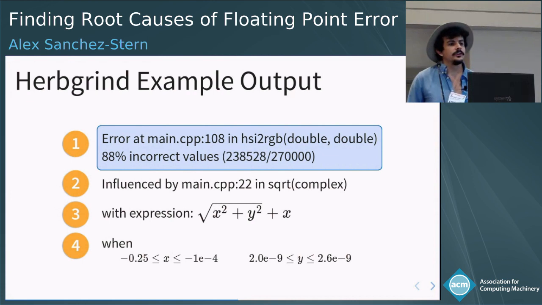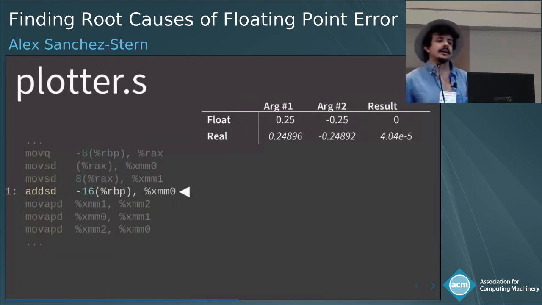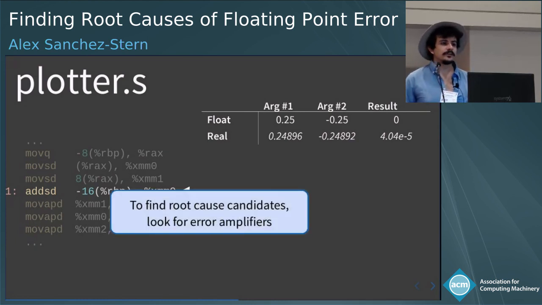So the first thing we're going to do is figure out which pieces of code that could potentially be the root cause are affecting the output that we care about. Now, how do we figure out what could potentially be a root cause of floating point error? It turns out we'll recognize these things called error amplifiers, which when we see them, we know there's a root cause somewhere nearby involving an error amplifying operation.